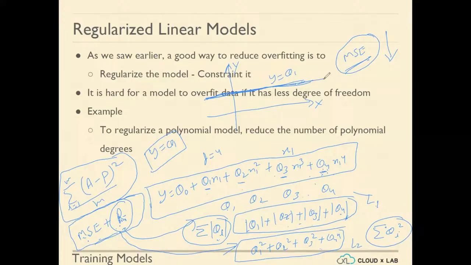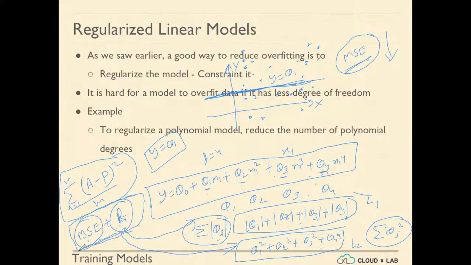And if the data is non-linear, suppose this type of data we are having, then do you think we will have a very high MSE error? So MSE error will be high, right? Yes. And here, what is our objective?